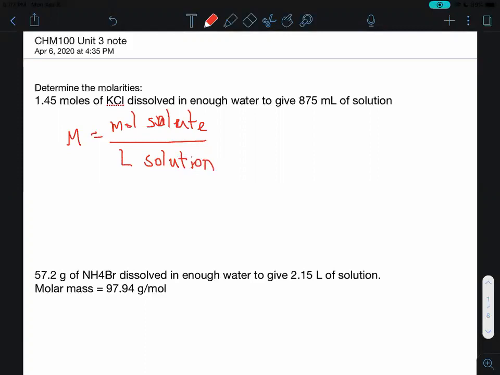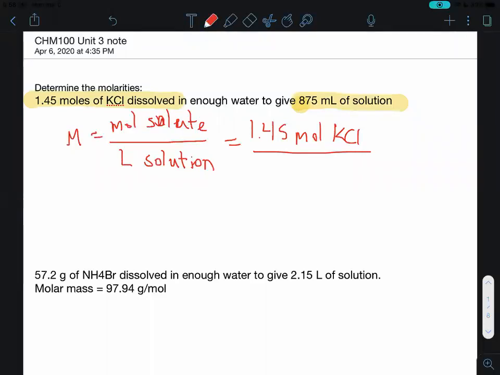Okay, so in this problem, we're given 1.45 moles of KCl is dissolved, so that tells us it's our solute. We have 1.45 moles KCl, and we're given it's going to be a final volume of 875 milliliters of solution.